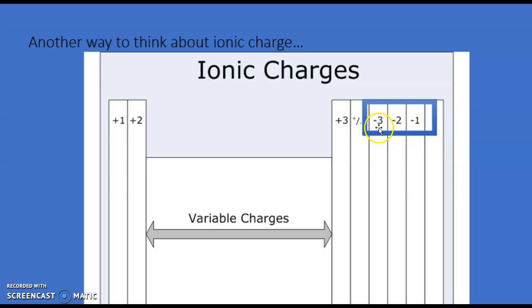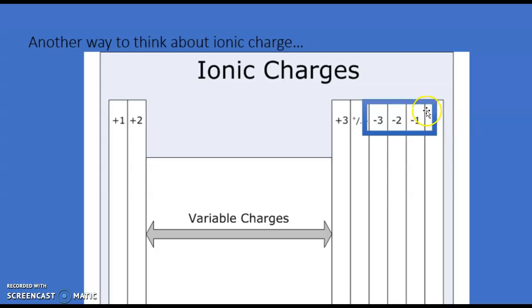So for example, all of the elements in group 15 have 5 valence electrons. They need 3 negative charges, or electrons, to become complete. In group 16, they all have 6 valence electrons, and they need 2 negative charges, or 2 electrons, to be complete.